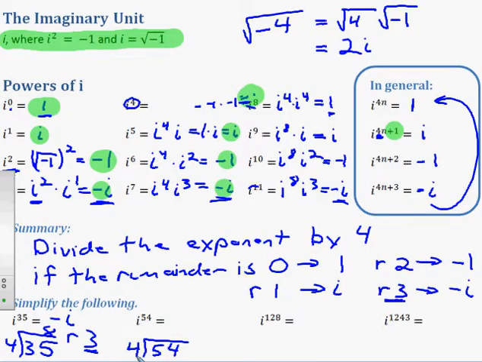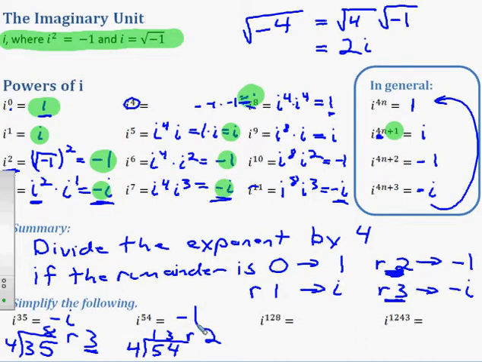We should know those pretty well. 13 goes into that with a remainder of 2. So that's going to be equal to negative 1.